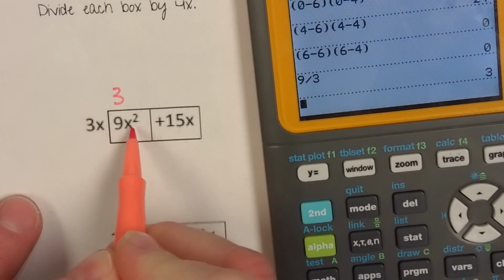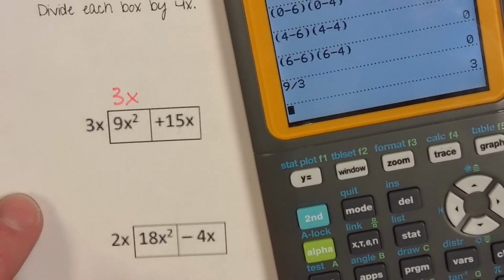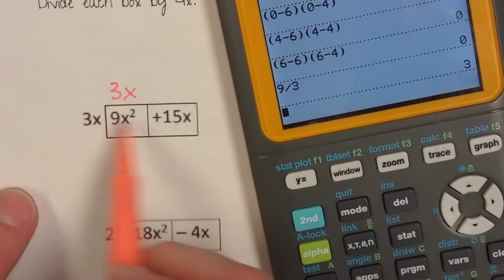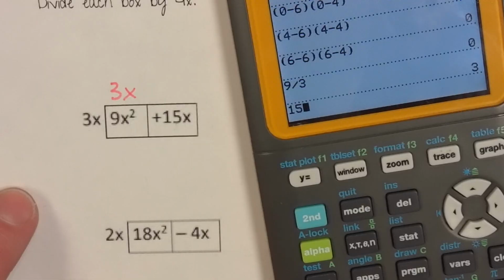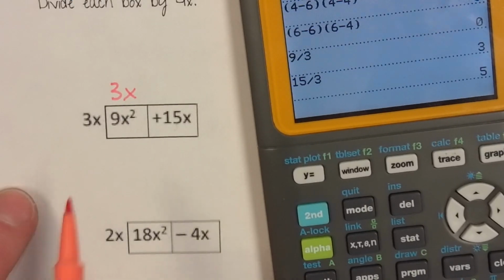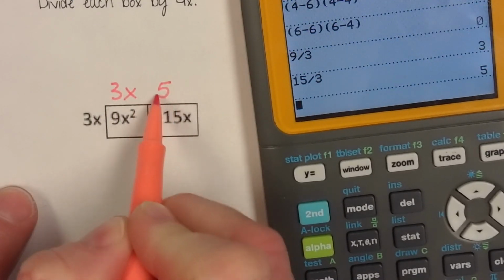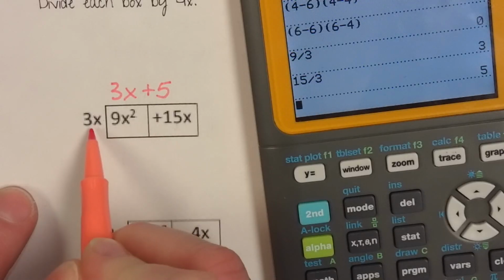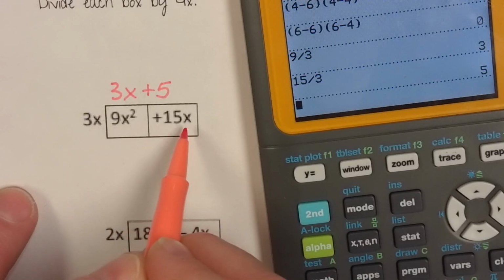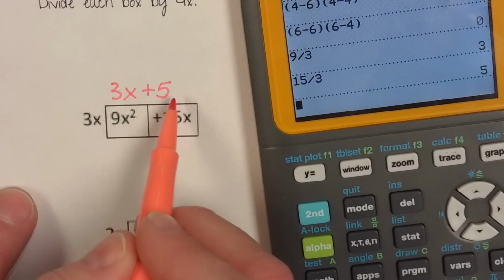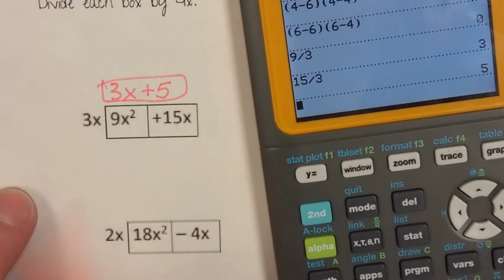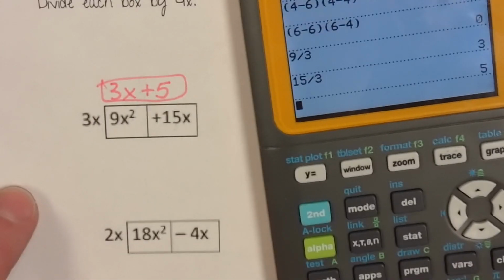This one says it's supposed to have 2, so an x has to go here. 3 times what gives you 15? Again, if you don't know this, you can take your calculator and divide, and we get 5, and we'll have a plus sign. Now there is already an x out here, and there's only one x in here, so I know I don't put anything. This is my answer. Okay?